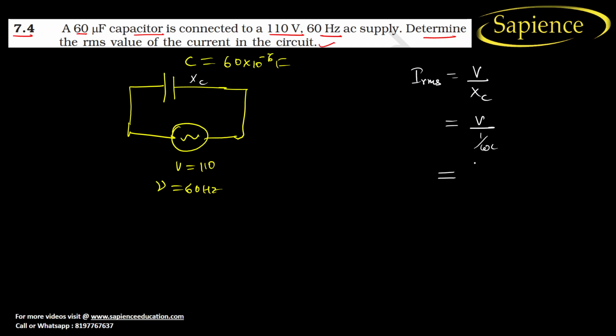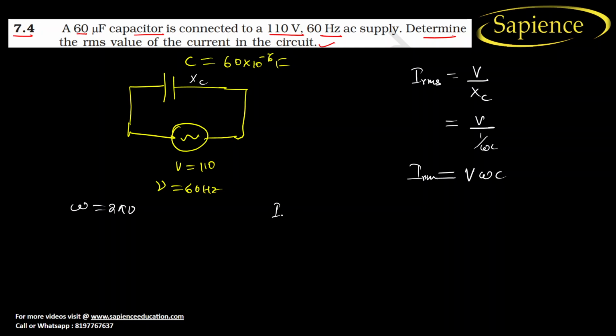So let us check it. Put the values now. IRMS will be equal to V into omega into C, and we know that omega is equal to 2 pi into frequency.